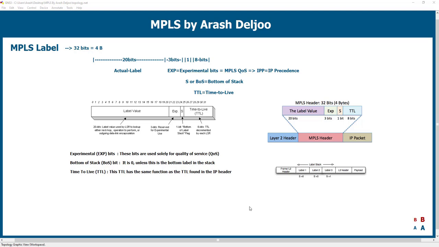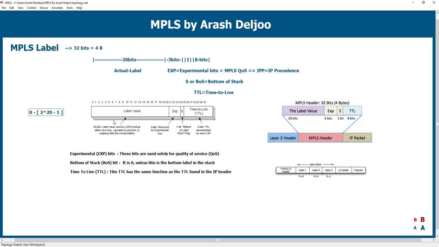Okay? But let's look closer at the parts of the MPLS label. First, label value. We have label value as the first part in the MPLS label, and the length of the label value is 20 bits. This means that the value in the label value is between 0 and 2 to the power of 20 minus 1.